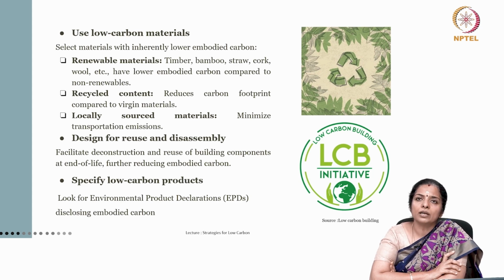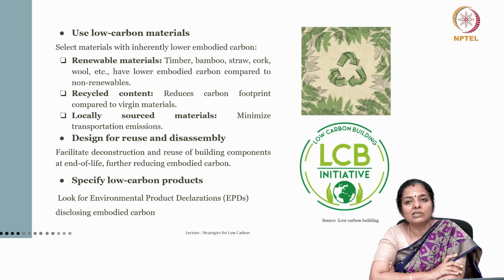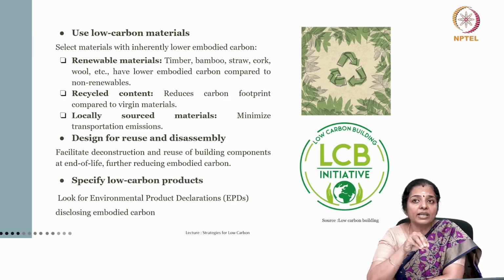These options include using low carbon concrete or even alternate structural systems, like using mass timber or hollow core blocks. Now, using low carbon materials, it kind of includes that you select materials which inherently have low embodied carbon in it by virtue of its source from where you extract or manufacture.